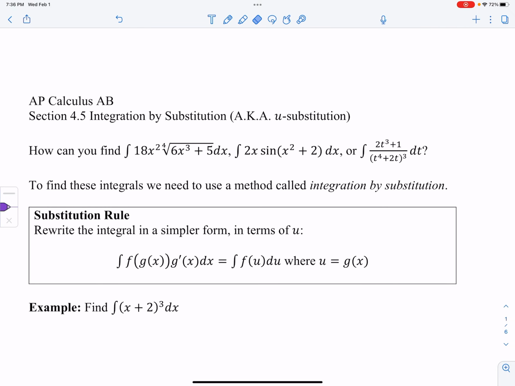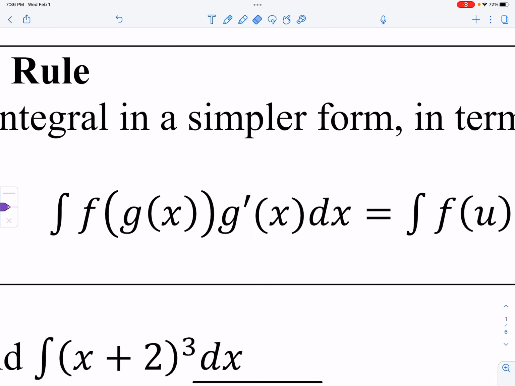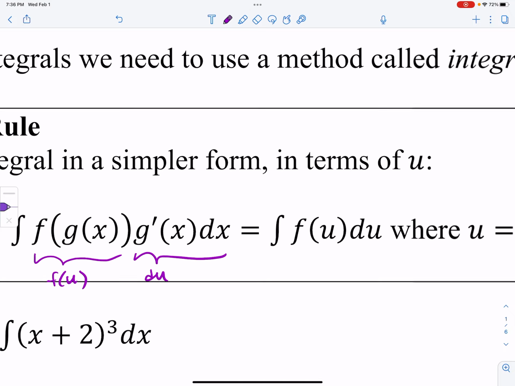So the idea behind integrating by substitution is that you are rewriting a function or an integral in a simpler form that's in terms of u. And this only works whenever you have a function that is f composed with g times g prime, where we end up rewriting f of g of x as f of u, and then g prime dx ends up being replaced with du.